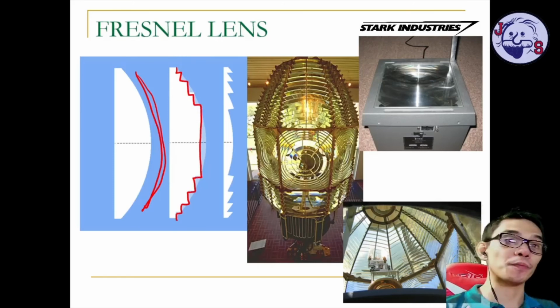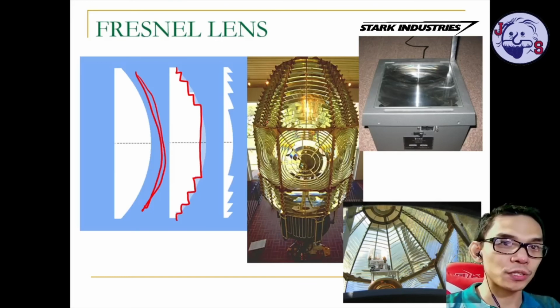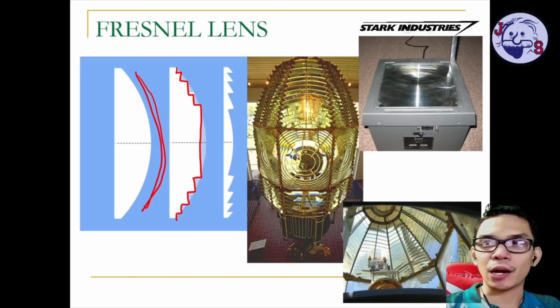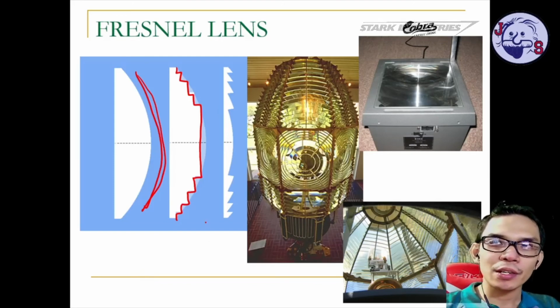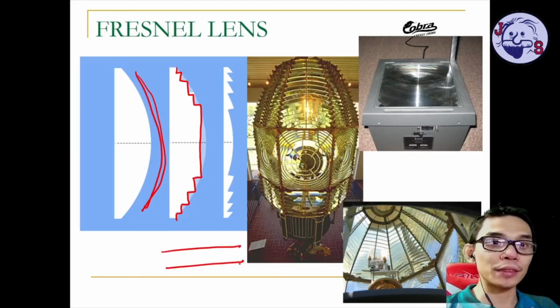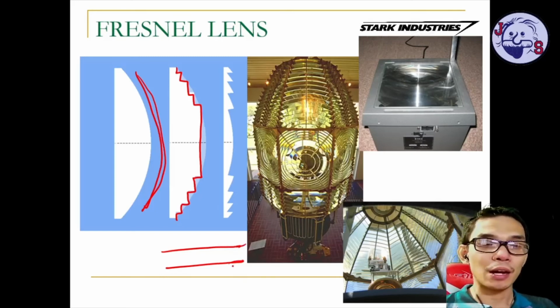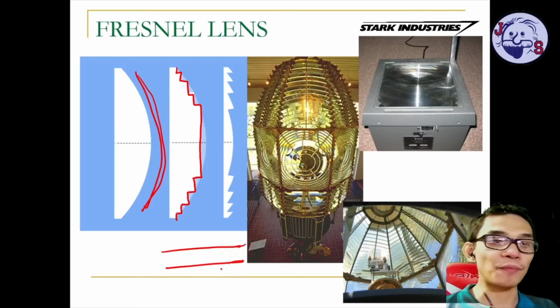So what's the purpose of this? If you happen to see a lighthouse, the light coming from the lighthouse is beamed at one focus. How does it work? How is it even possible?